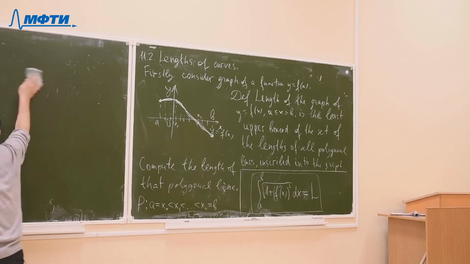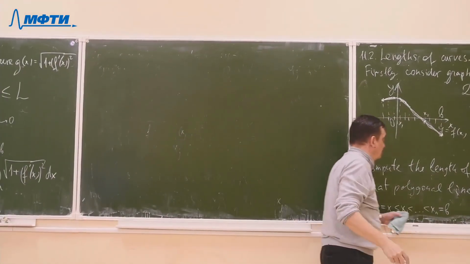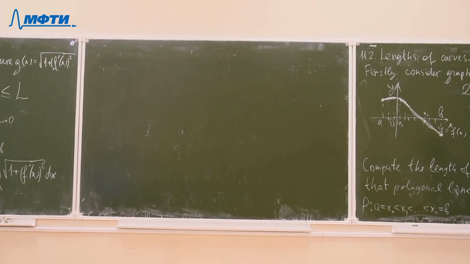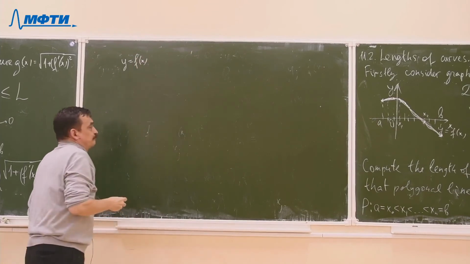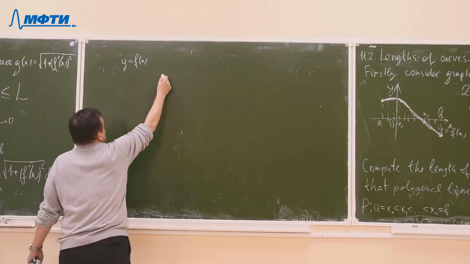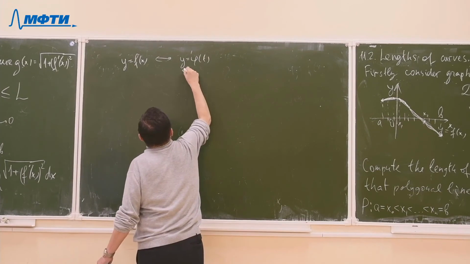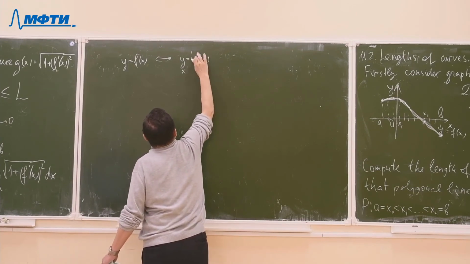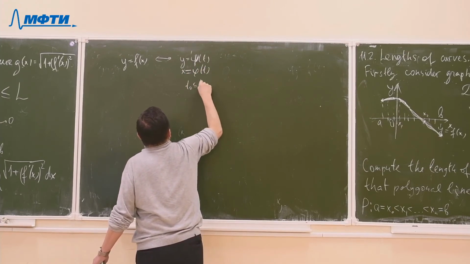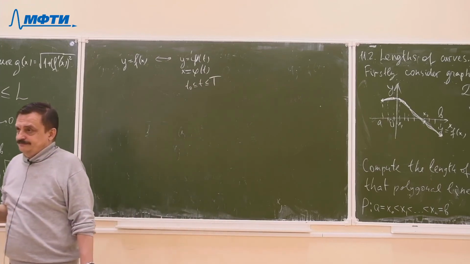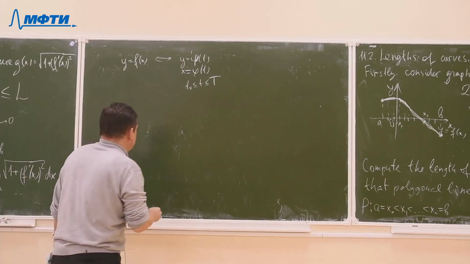So, for example, replace now, instead of y equals f of x, right, replace it by parametric equations: x is phi of t, y is psi of t, t from t naught up to capital T. Then what happens with our integral?